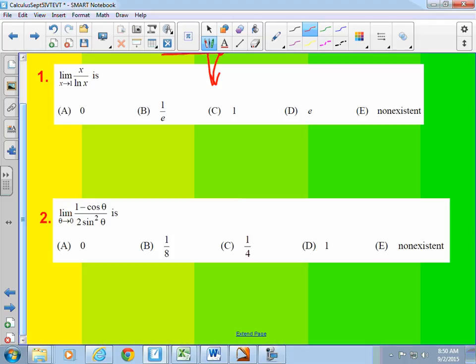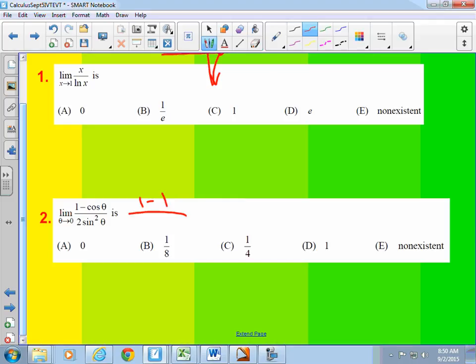What about this bottom one? What do we do first? Plug it in. What is the cosine of 0? 1. So I get 1 minus 1 on the top.